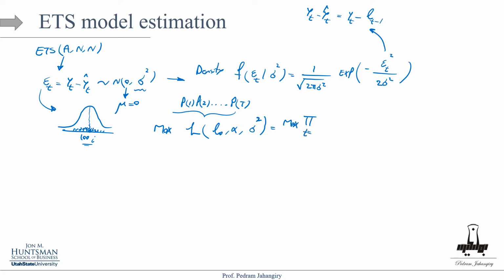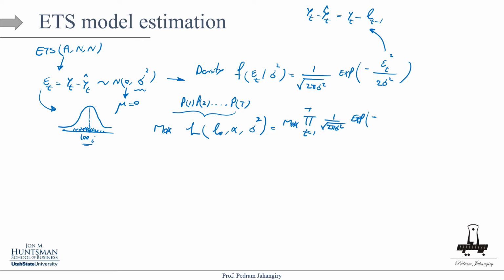So let me quickly write it down. Again, the same thing: 1 divided by the square root of 2 pi sigma squared, e to the power of minus epsilon t squared divided by 2 sigma squared. Don't get overwhelmed, this is pretty straightforward. This is just the ugly formula for the density function of the normal distribution. Nothing fancy here. Now I can open up these epsilons to show you where those parameters are coming from.